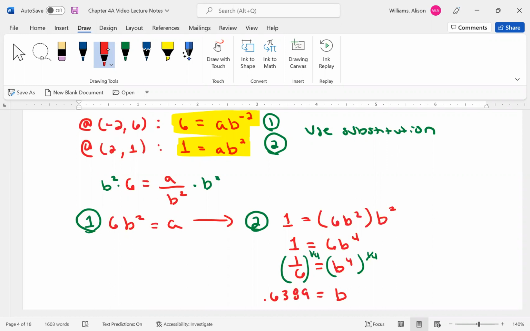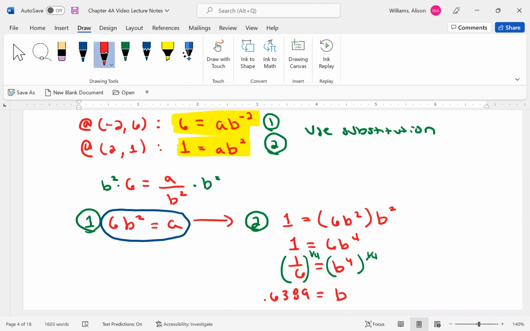Now I have b, so I can plug that in for a. In fact, if you have it in your calculator, don't hit clear, leave it in your calculator.